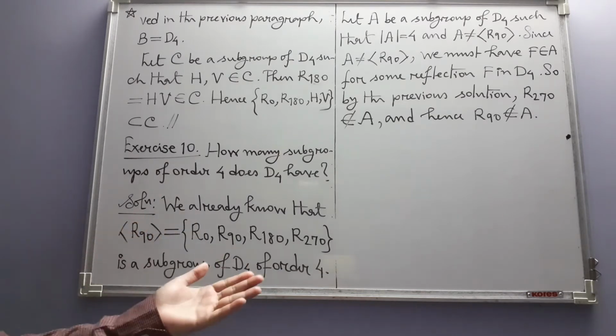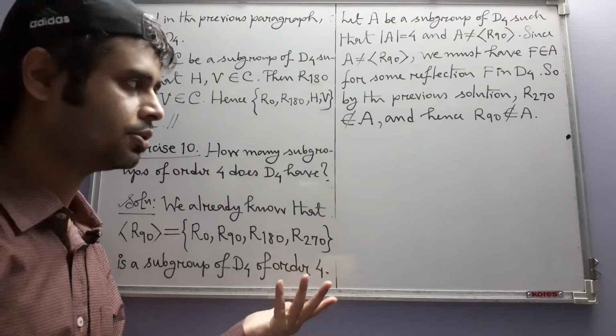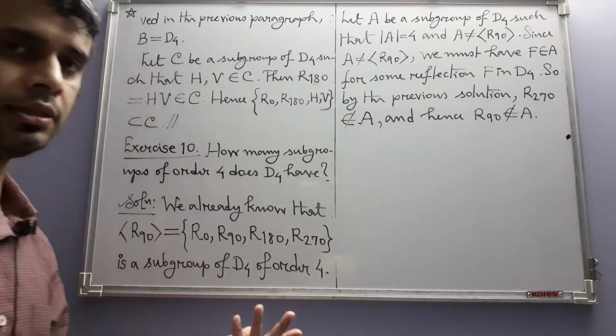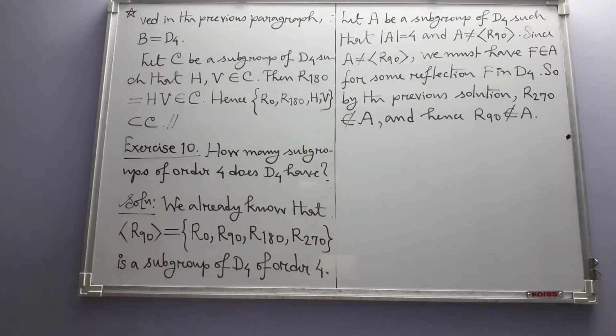Of course R0 will also be there because A is a subgroup, but other than the identity element, if there is a rotation, it has to be R180.